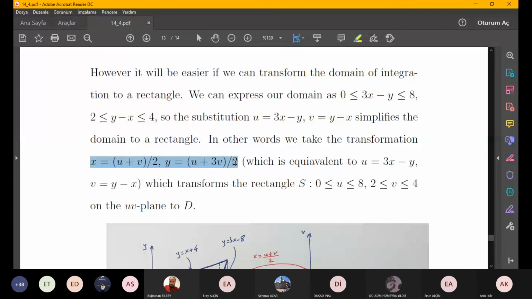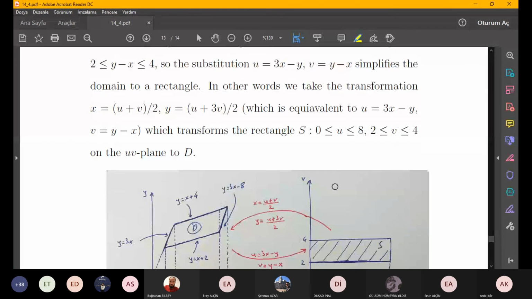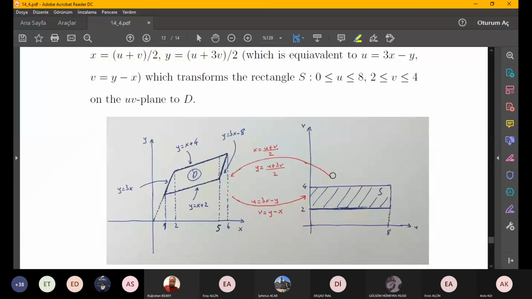So by this transformation, D will be transformed onto a rectangle where u is between 0 and 8, and v is between 2 and 4 on the uv plane.